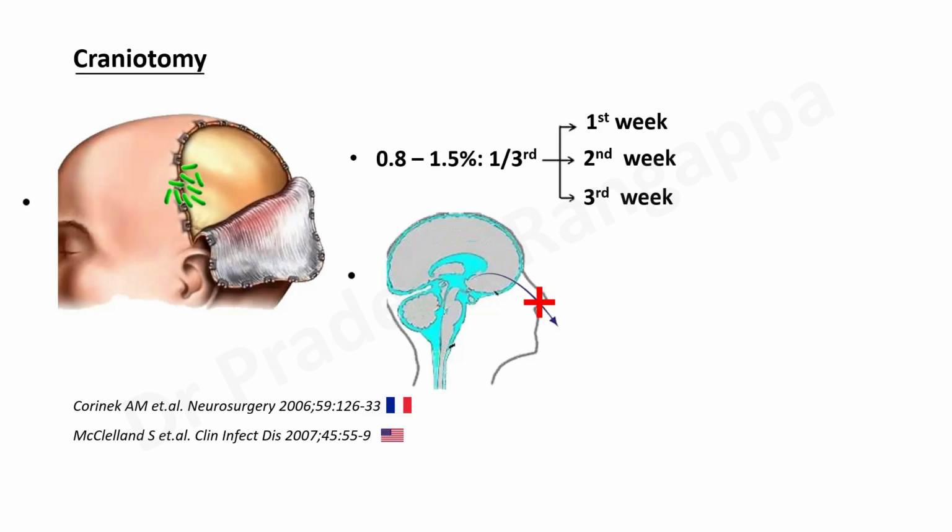This is something which will repeat in any neurosurgical post-surgical meningitis: there will be some CSF leakage from the dura into the sinuses or the nasal cavity, and that remains a very important risk for meningitis.